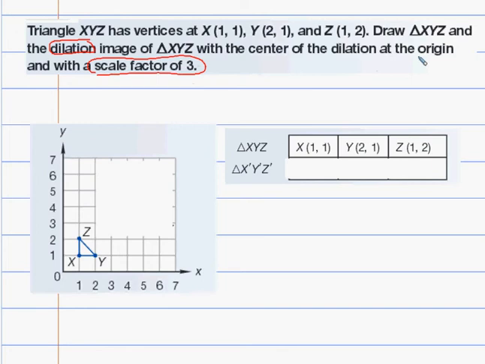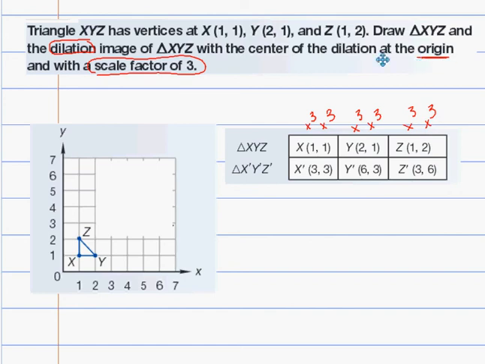Because the dilation goes from the origin, we know that we just take the scale factor of 3 times each of the coordinates to get the new coordinates X prime, Y prime, and Z prime, which would be 3, 3, 6, 3, and 3, 6.